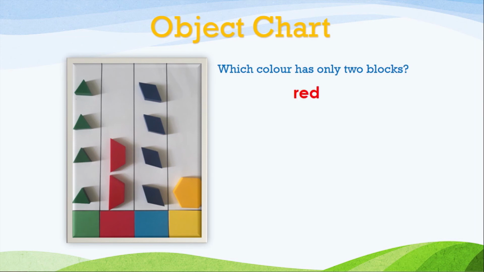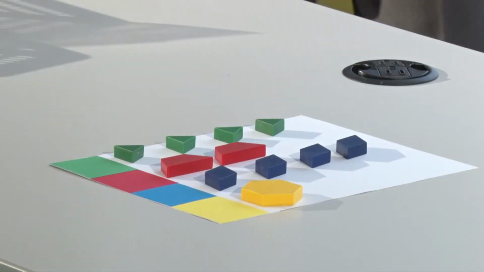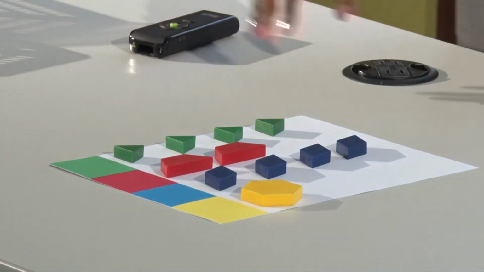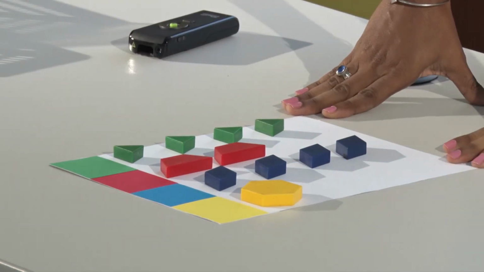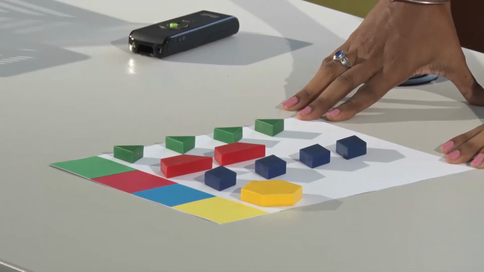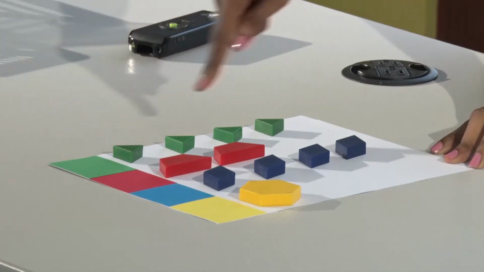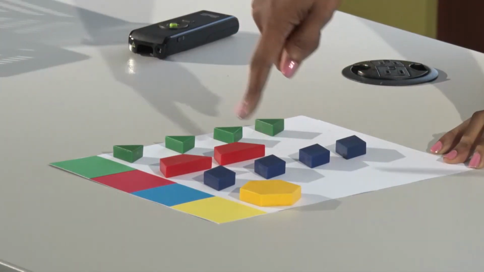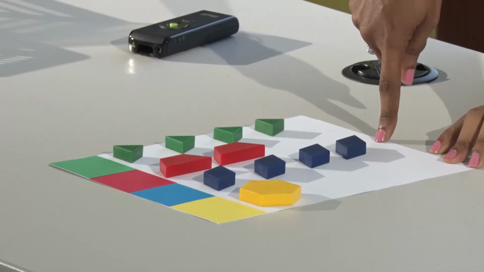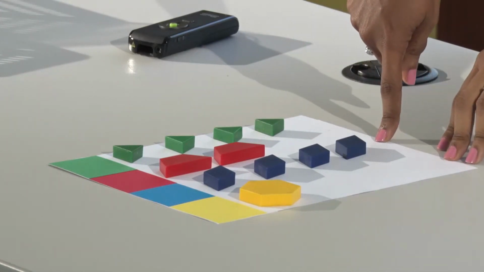Red has 2 blocks. Which group has the least number of blocks? So we go to our object chart again, and we are looking for the color which has the least. Well, green has 4, red has 2, blue also has 4, and yellow has 1.